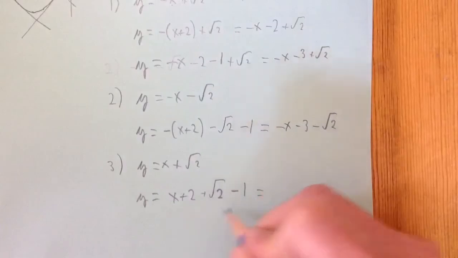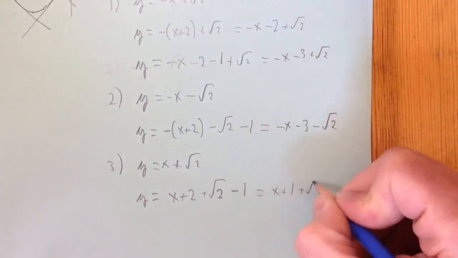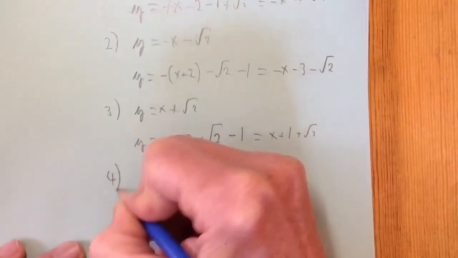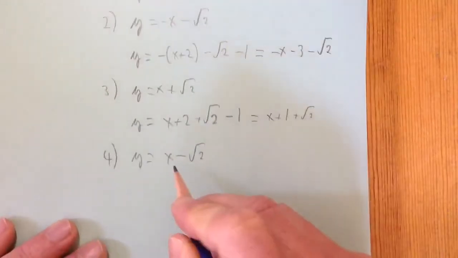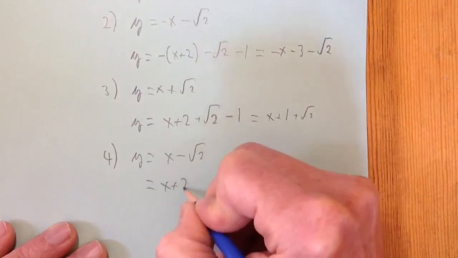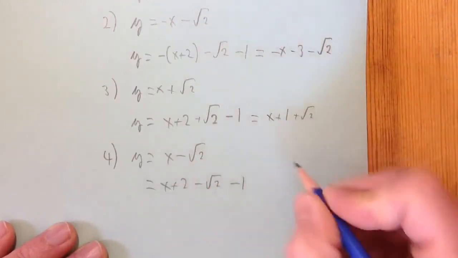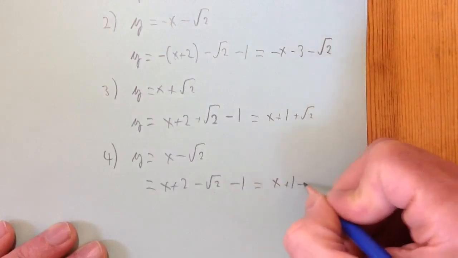So that would be x plus 1 plus root 2. And finally, y is equal to x minus root 2. Replace the x with x plus 2. So that's equal to x plus 2 minus root 2. Take away 1 from the y. And so we get x plus 1 minus root 2.